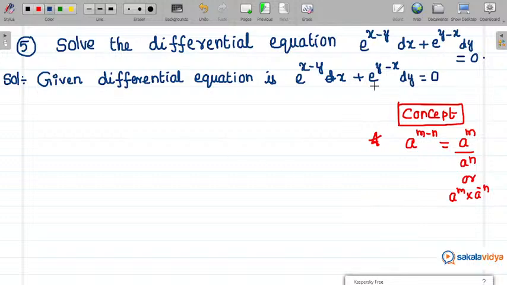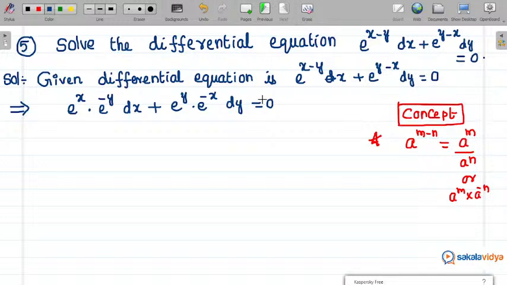Now this can be rewritten as e to the power of x into e to the power of minus y dx plus e to the power of y into e to the power of minus x dy is equal to 0.